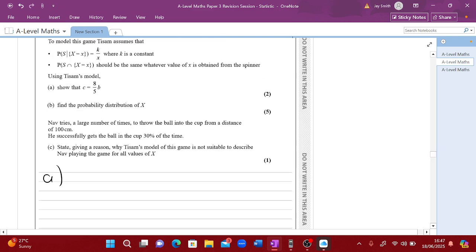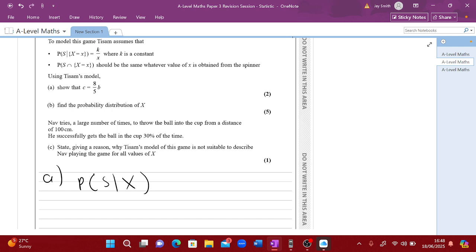What's funny is we are given the probability of S given X, but we're also given the intersection.